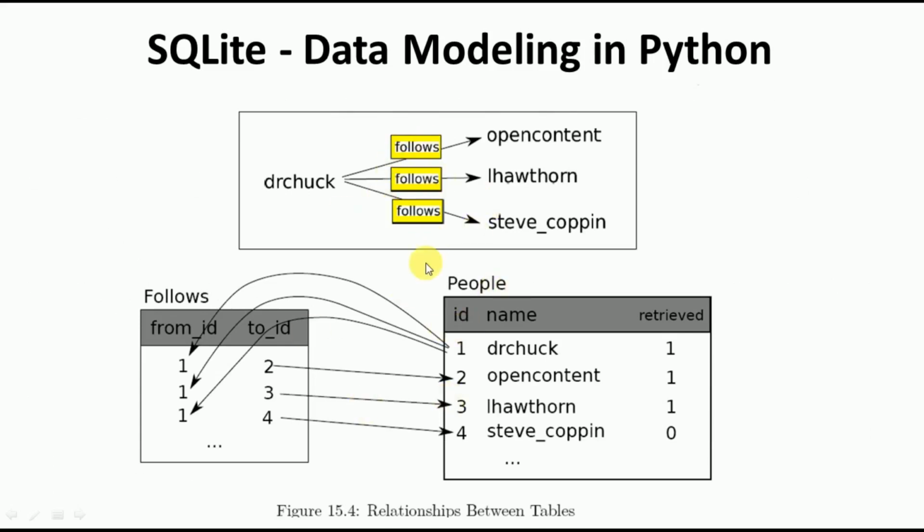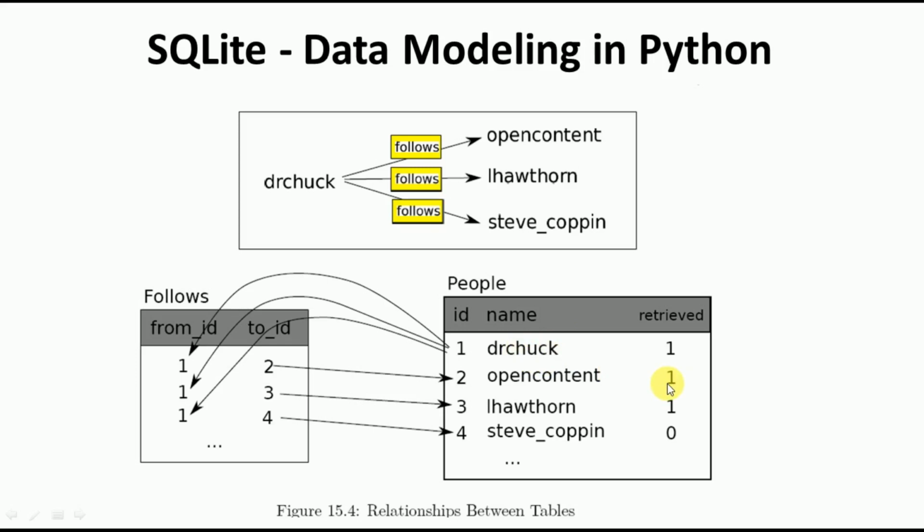Now you can see this diagram so that you can easily understand. This is the follows table consisting of from ID and to ID, and this is the people table consisting of ID. It is automatically incremented, as I told you earlier, 1 2 3 4, because 4 rows are there. Name is the name of the friend, and retrieved is whether his friends were retrieved or not. It is set to 1, meaning his friends were already retrieved.